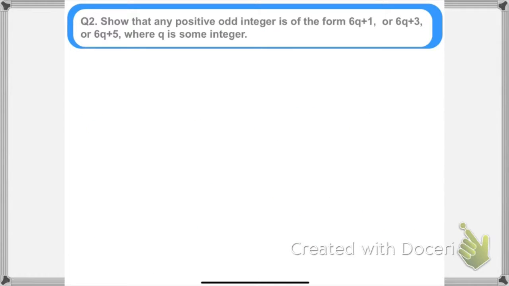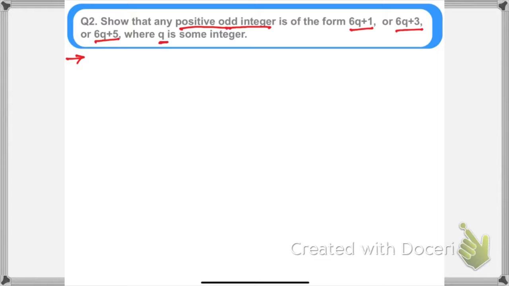Okay, so the next question is: show that any positive odd integer is of the form 6q plus 1 or 6q plus 3 or 6q plus 5, where q is some integer. Okay, so let's begin with the proof.